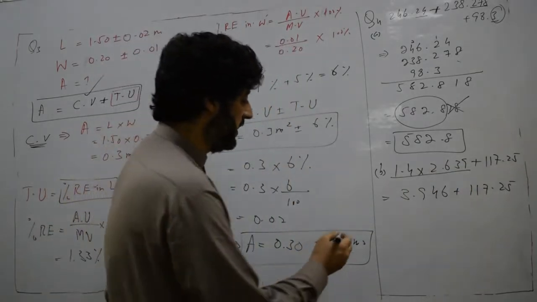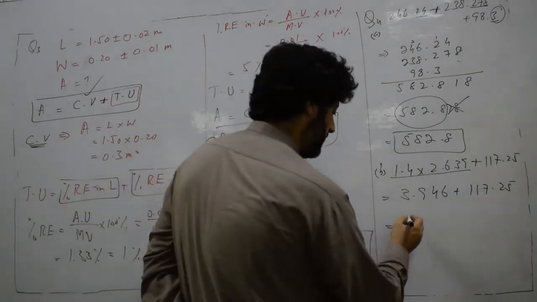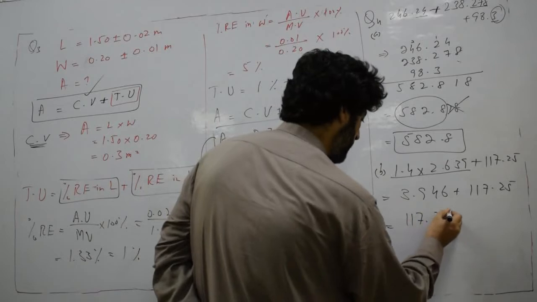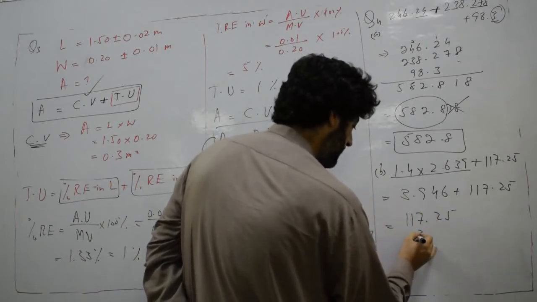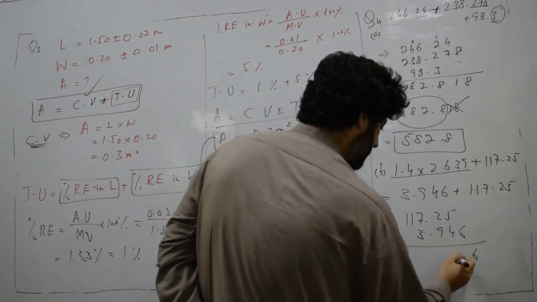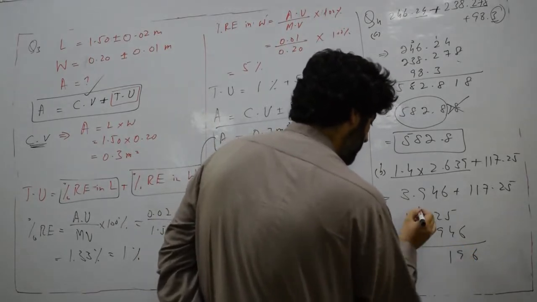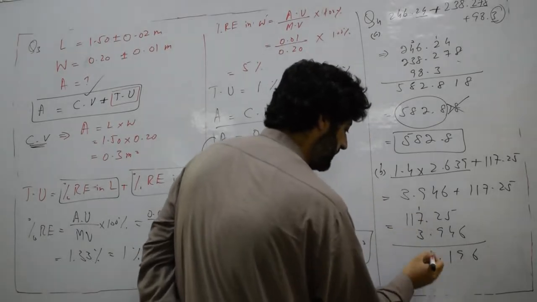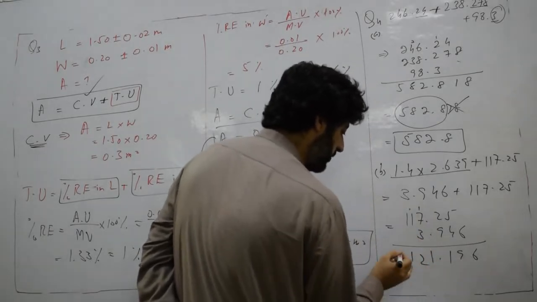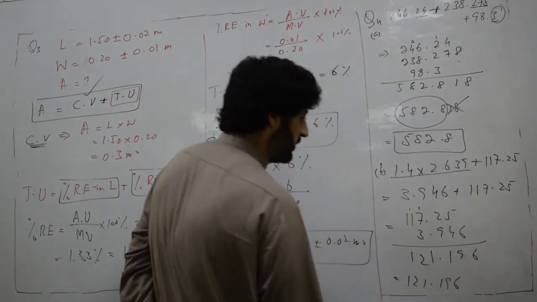Now we have to add these two numbers. So it will be 117.25 plus 3.946. So 6, 9, 11. It is 8 plus 3, 11. So the answer is 121.196.